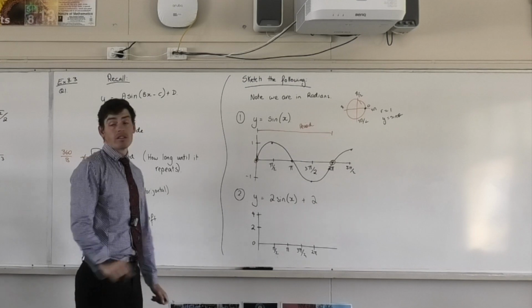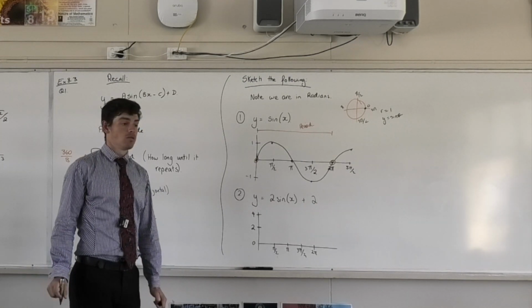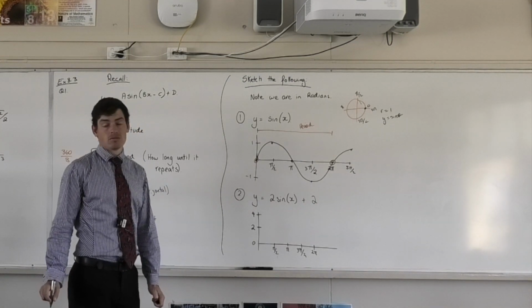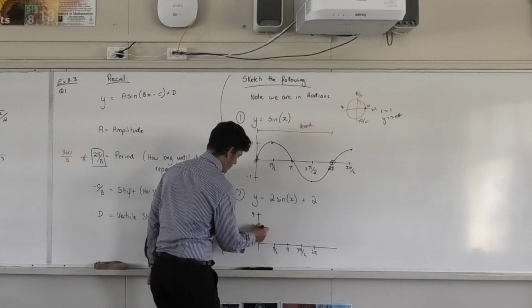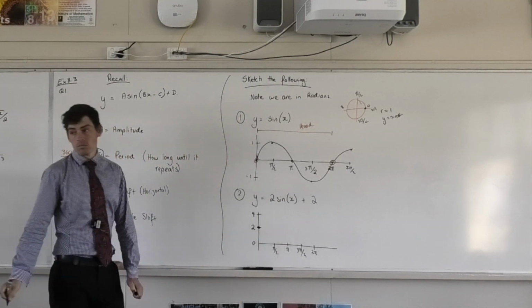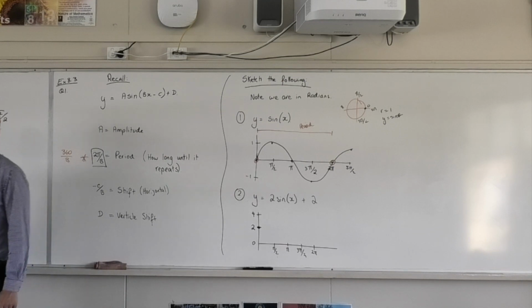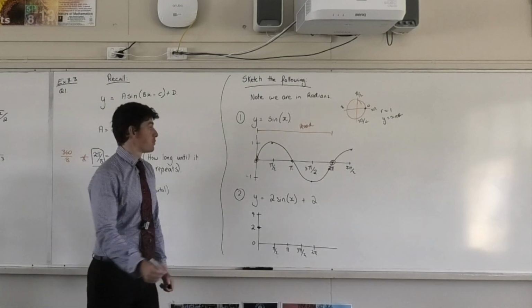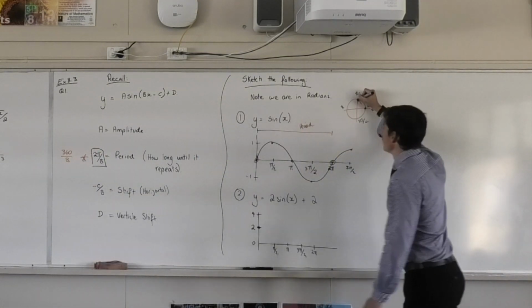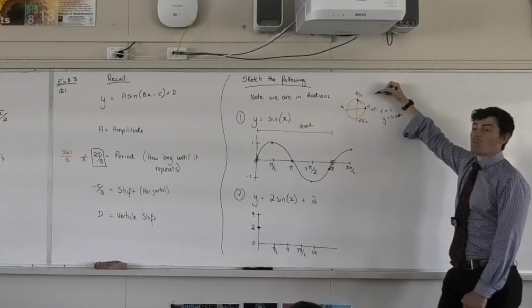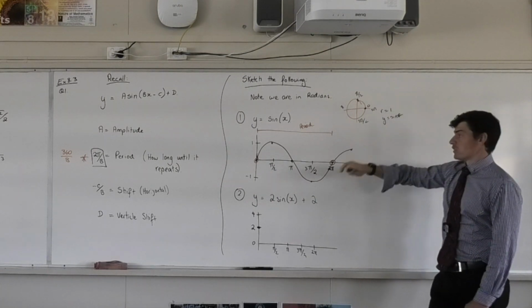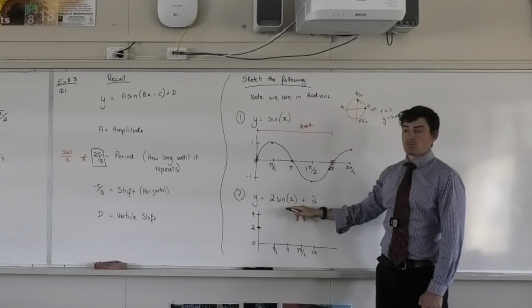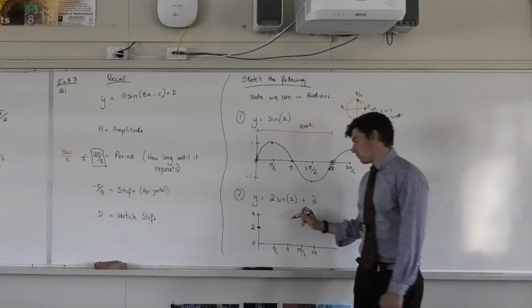What's the y value there? 0 times 2 is? Plus 2 is? Sine of pi on 2, what does that equal? At this point here, what's my y value? Y is 1, correct? 1 times 2 plus 2 minus 1.